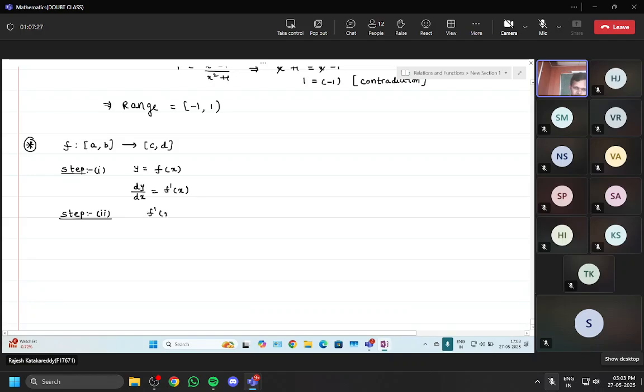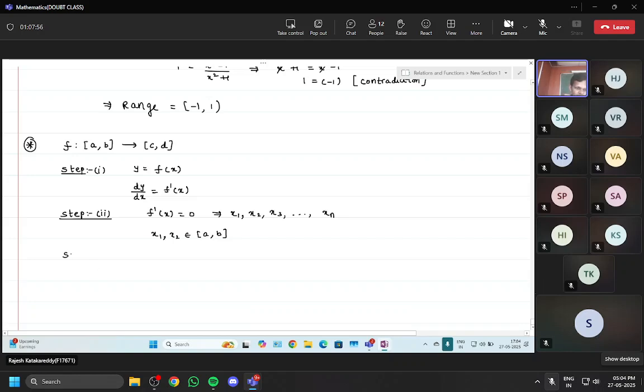There may be some values x1, x2, x3 and so on till xn, n solutions let's say. Out of these n solutions, consider only the solutions belonging to the interval a to b. So now x1 and x2 belong to a to b, the remaining are not in a to b.